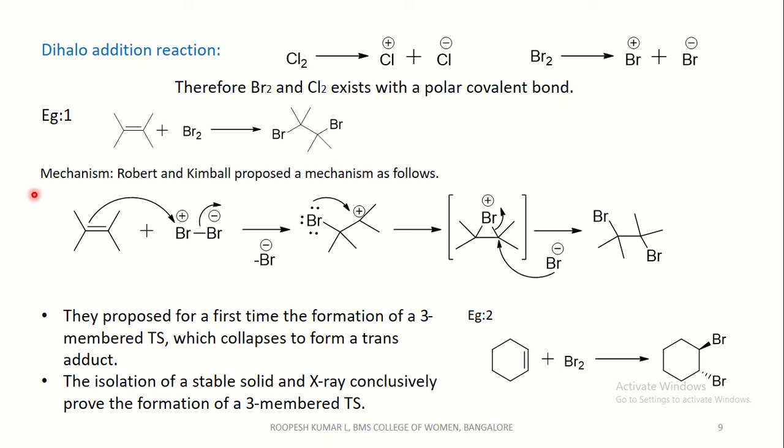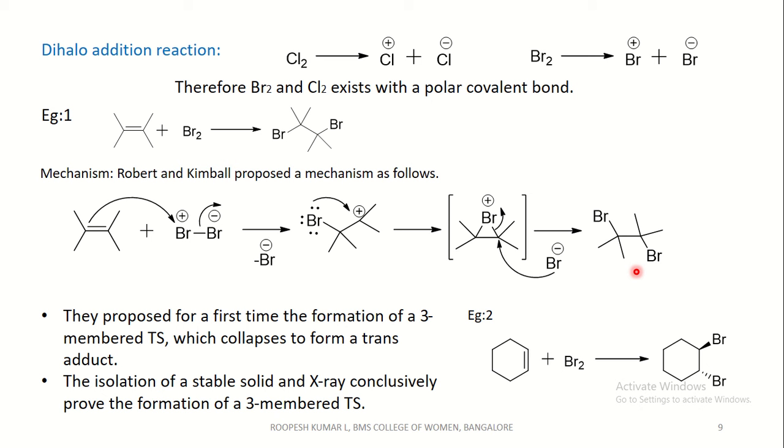Mechanism. Roberts and Kimball proposed a mechanism as follows. As I said before, this double bond attacks a bromine, because one of the bromines gets a positive charge and the other has a delta negative, which forms a corresponding carbocation, and the lone pairs on bromine attack this carbocation to form a bromonium ion, and the eliminated bromide ion attacks this carbon to form a dibromo compound.